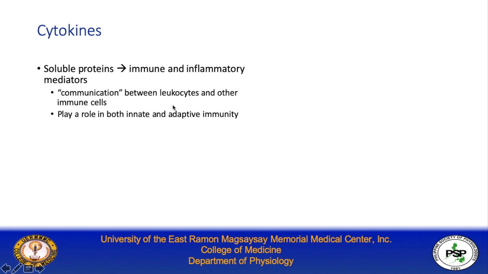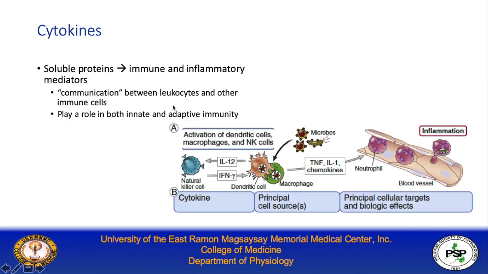And take note, this would play a role in both the innate and adaptive immunity. Here are examples of your cytokines: interleukin 12, interferons, TNF, and interleukin 1.